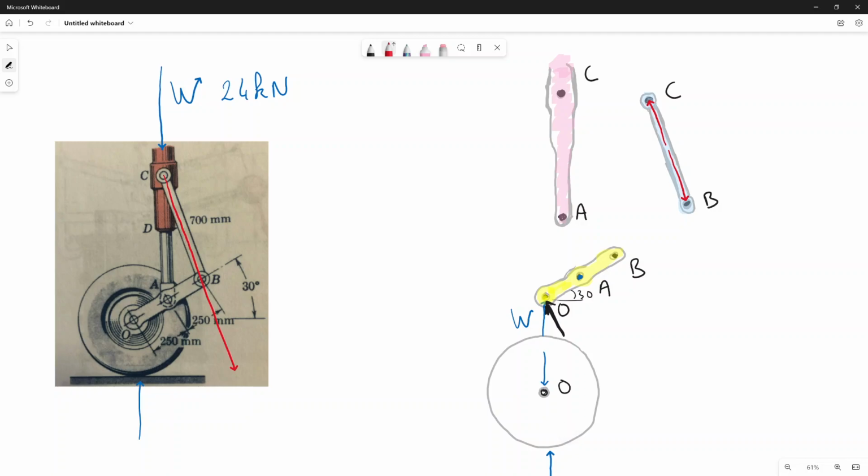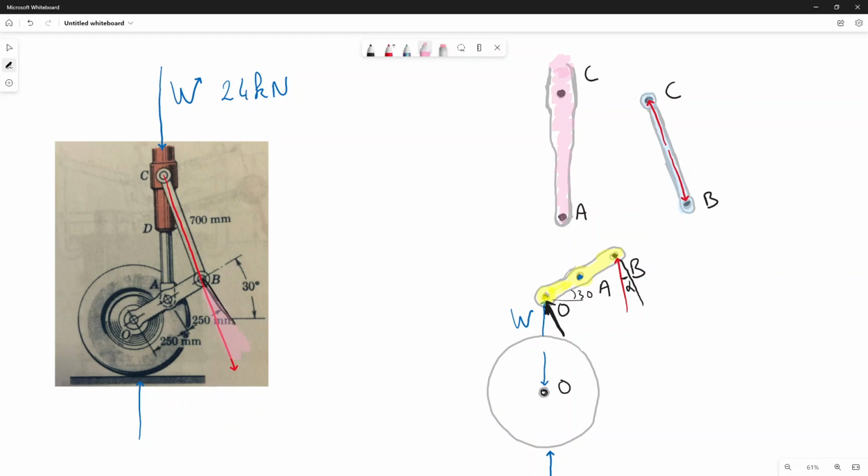You see, it's aligned like this. It's not perpendicular, so we need to find the component of this force at B perpendicular there. So we need to find this angle. Let's call that alpha. This is this angle on the drawing, in pink.